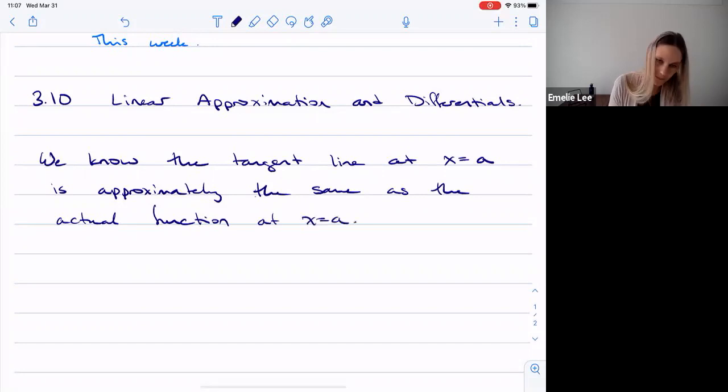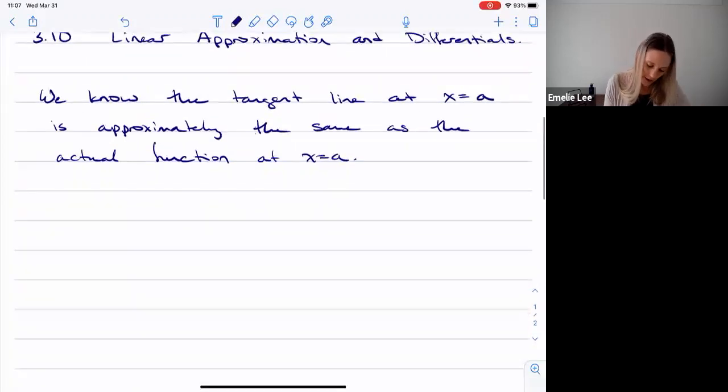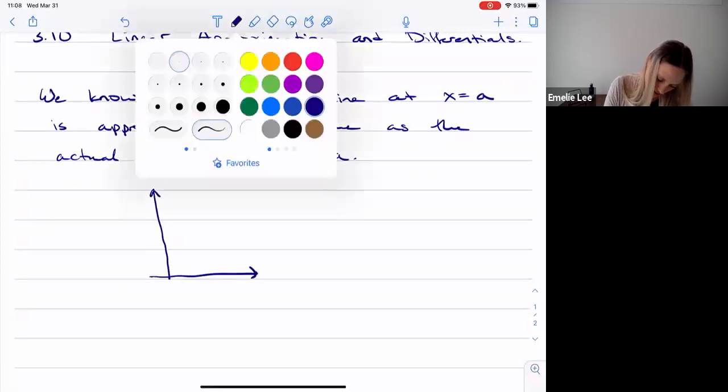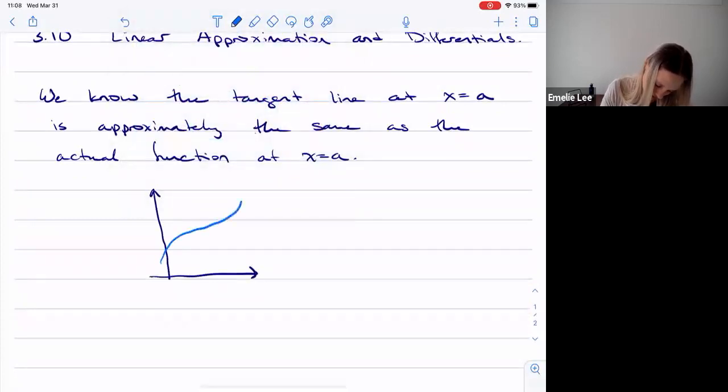At x equals a. Okay. So what I want to do is, well, I'm going to try to do a graph. So let's say I've got this function here, and I want to look at some x equals a.